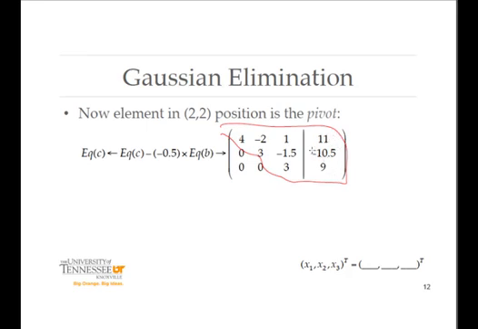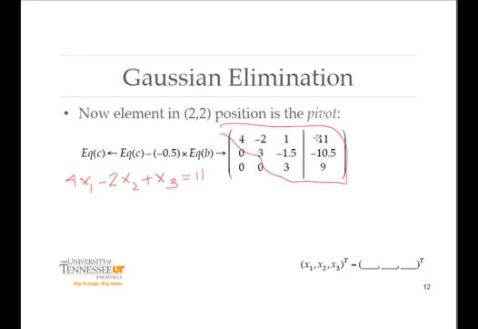That means that 4 times x1 minus 2 times x2 plus x3 equals 11. You could think of the vertical bar there as just reflecting that we're still preserving x1, x2, x3, and that has to be equal to 11.